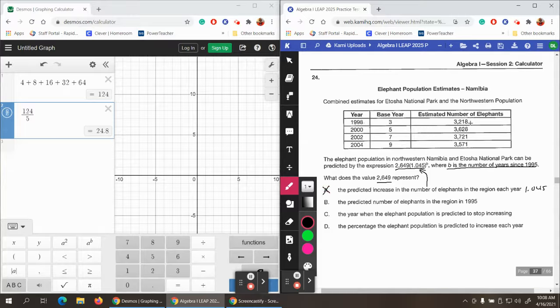The number of elephants in the region in 1995. All right, so this is year 3, right? So we can get a rate of change here. This is a rate of change of 2, rate of change of 2, rate of change of 2. So we can go back, right? This looks like 410, an estimate of roughly 410.